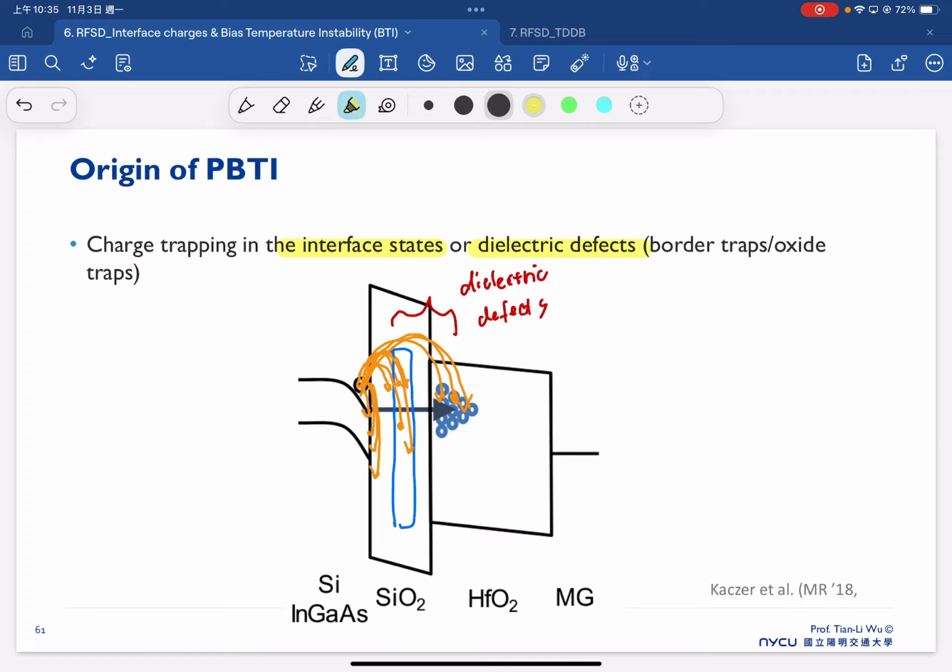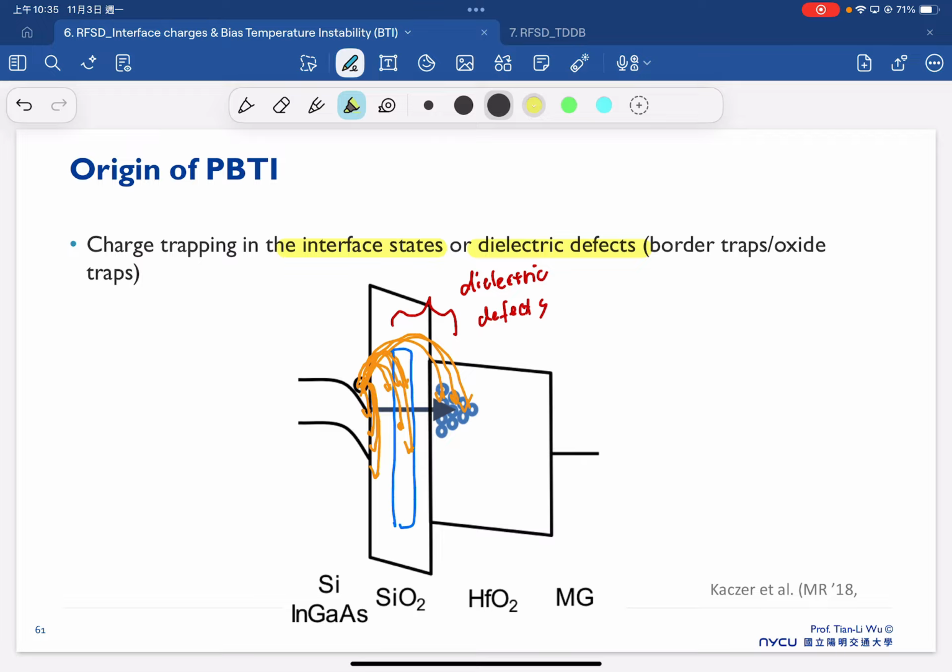That's why, after 60 years, we still cannot fully understand it. In the beginning we had a very thick dielectric, only silicon dioxide. Silicon dioxide is so perfect that the defects inside are very limited. At that time we had a 100 nanometer dielectric, a 50 nanometer dielectric, so we could foresee that the only possible trapping was at the interface.